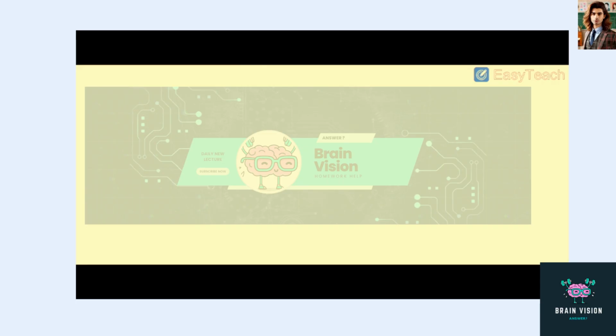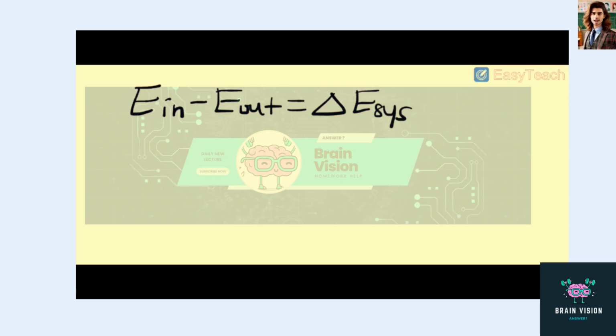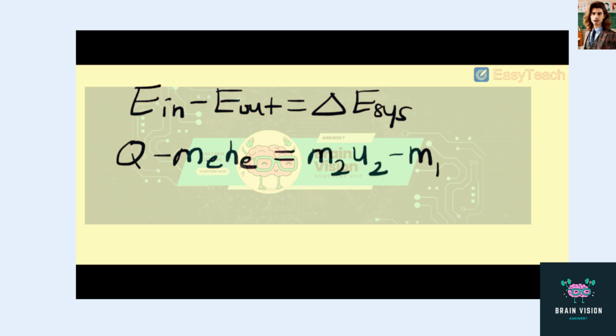So what we can do is actually calculate the total heat transfer. And we know that the energy coming in minus the energy going out is equal to the change in energy of the system. Now, as previously mentioned, our system is this rigid tank. So we have heat that is coming in minus energy that's leaving the system just in the form of mass flow. And that's going to be equal to the change in internal energy of the system, which we can write as M2U2 minus M1U1.